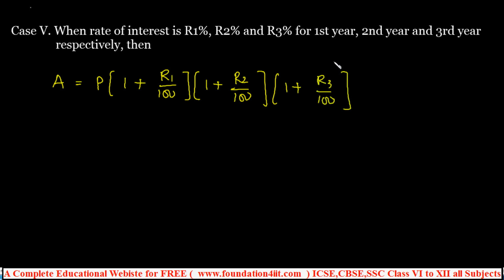If the first 2 years are the same rate, you can just keep power 2 there. We only keep powers when rates repeat, so no need of keeping the powers for single years. That's why A is equal to P into 1 plus R1 by 100 into 1 plus R2 by 100 into 1 plus R3 by 100.